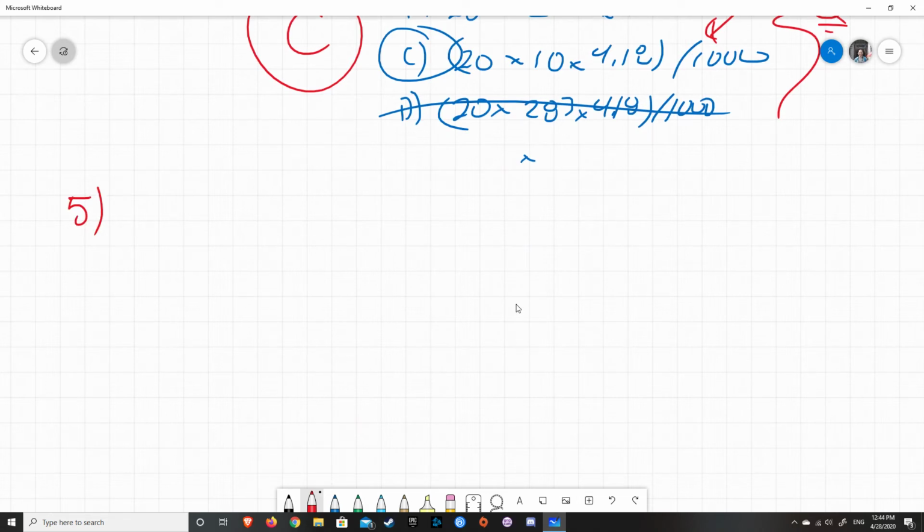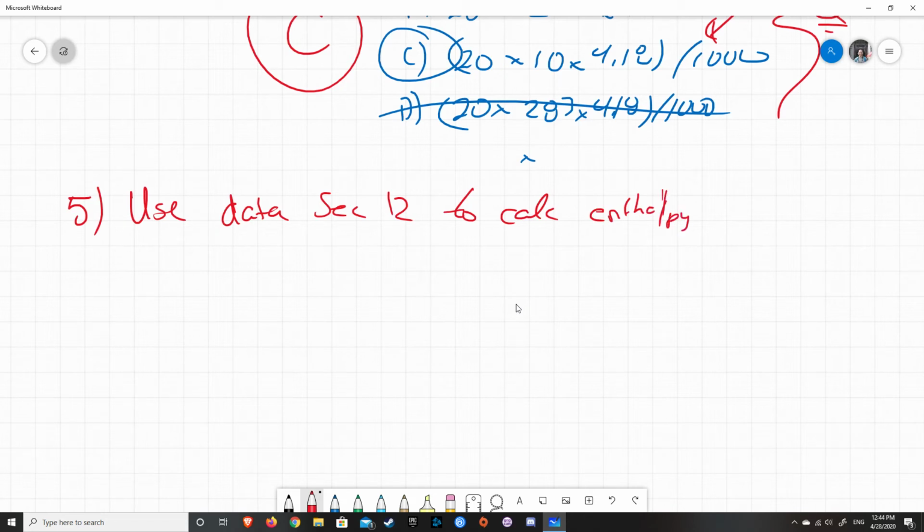So this is going to be a little bit of a tougher one. It says use data from section 12 to calculate the enthalpy change, delta H of reaction, for these reactions.